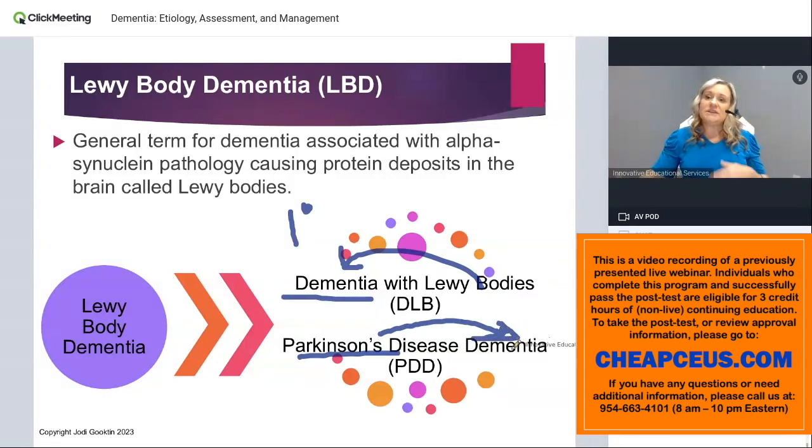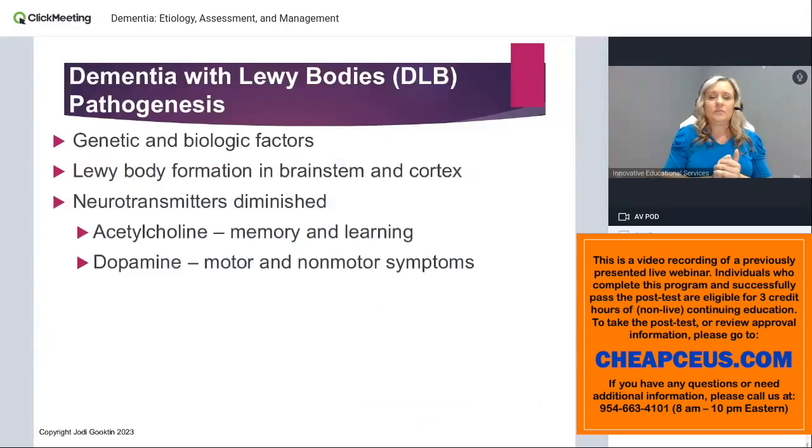And the dementia is actually a symptom of the Parkinson's disease, so it's a secondary dementia that's occurring. So we're going to look a little bit more closely at the difference between these two because it is important to understand. It gives us a clearer picture of where the patient is at with their primary disease and what to expect in terms of progression so we can meet their needs and that of their caregivers.